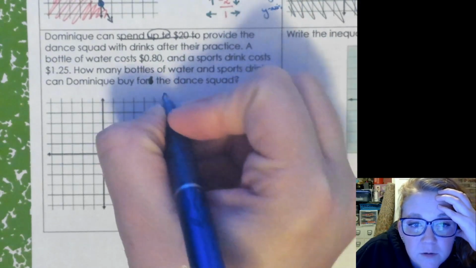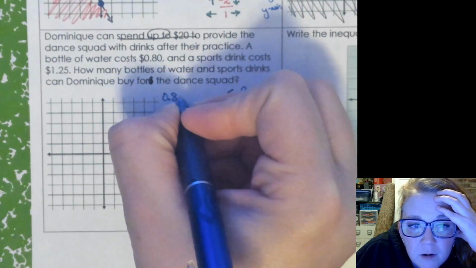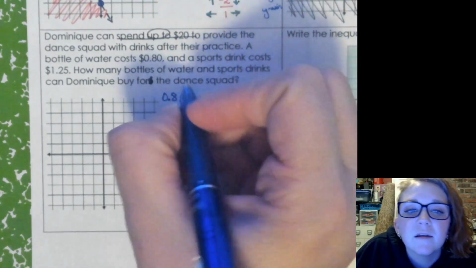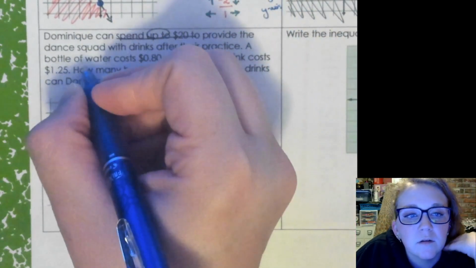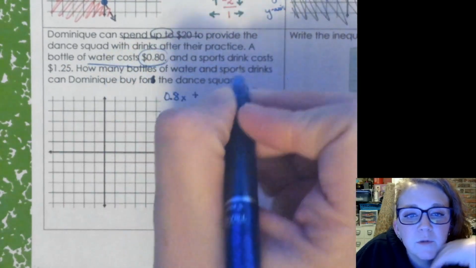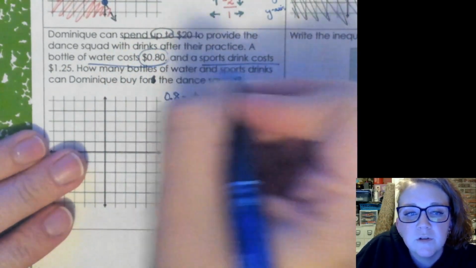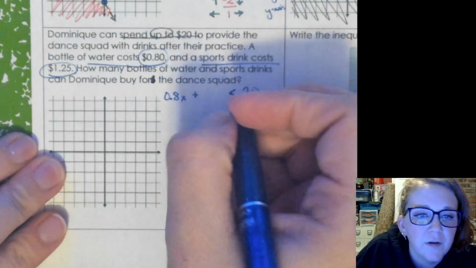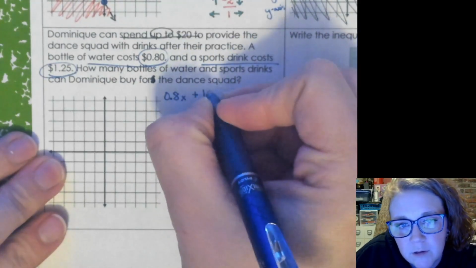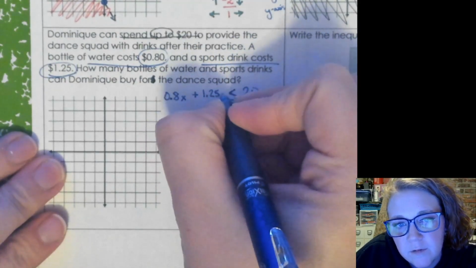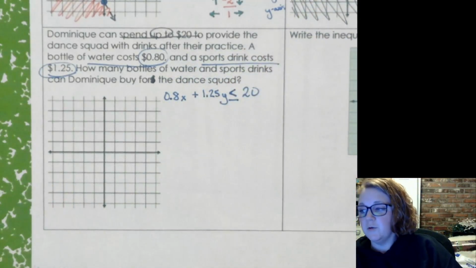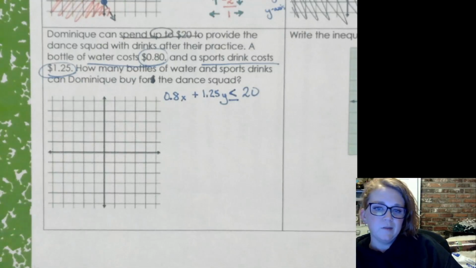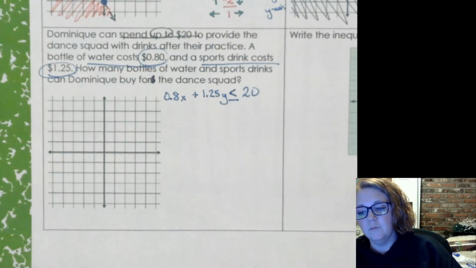So that's going to be your 0.80x plus, see, the water is this much. Then they said sports drinks cost $1.25. So we're gonna put $1.25y. There you go. There's your inequality.